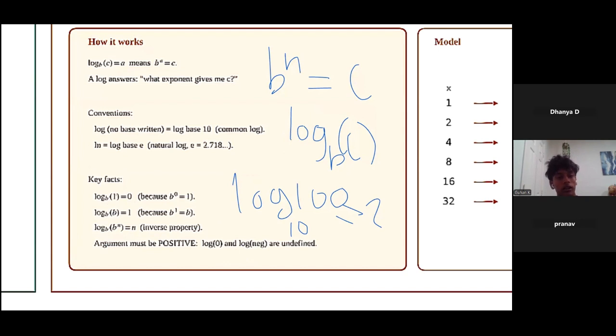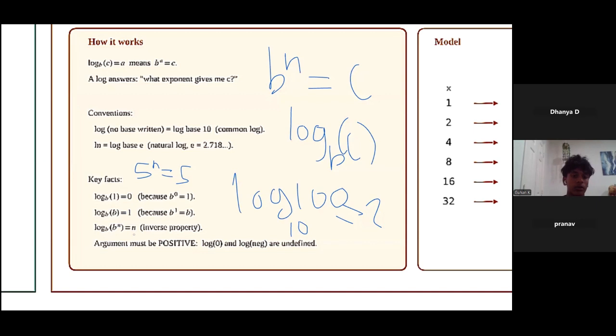And log b of b always equals 1 because, let's say, 5 to the power of n equals 5. It can't be anything other than 1, so it's going to be to the power of 1. And here, log b of b to the power of n just equals n.